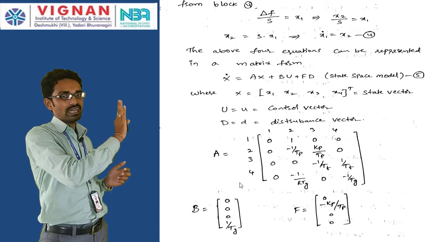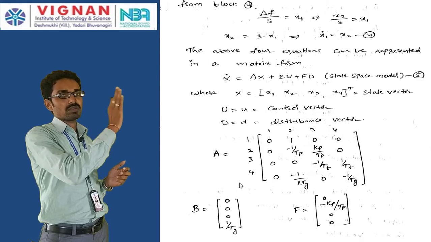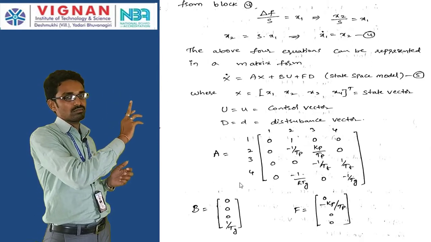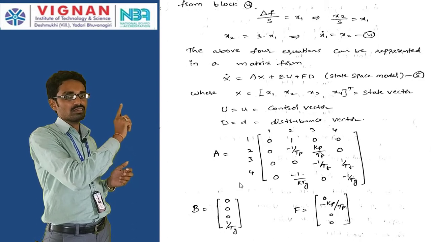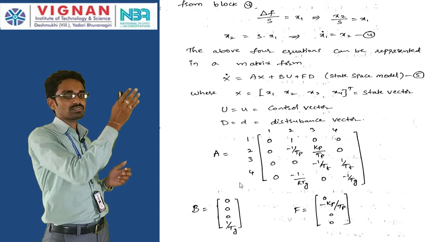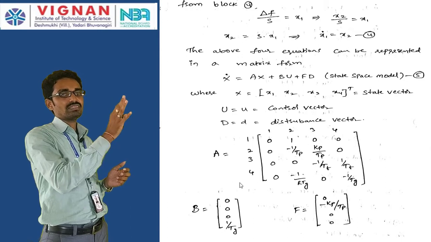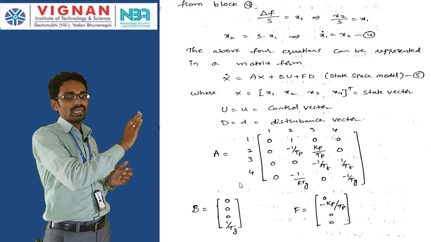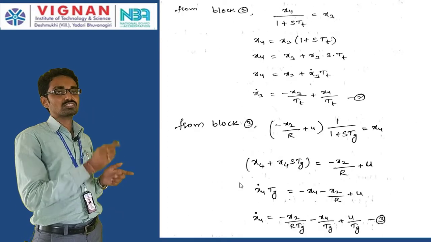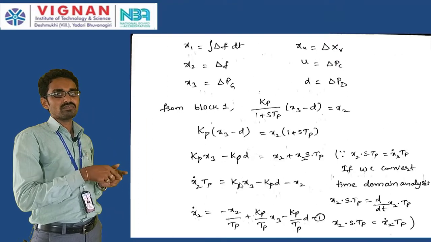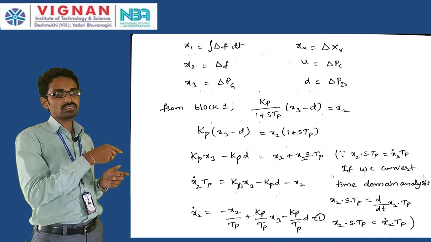In the place of x2 you have 1, that is multiplied by x2. There are no remaining terms in equation 4, and there is no x1 term, so that is 0. Next, consider x2 dot.